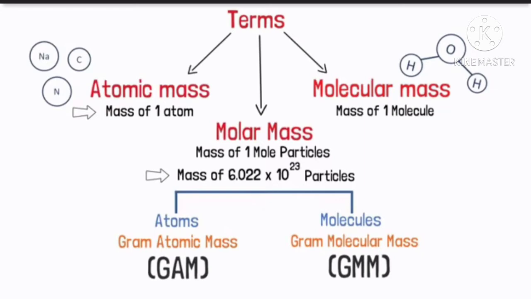So if we calculate the particles' mass related to molar mass, यानी अगर हम particles के बारे में atoms की बात कर रहे हैं, तो हम एक एटम दैट इज 6.022 इंटू 10 टू द पावर 23 एटम्स की बात करेंगे तो इट विल बी एब्रीवेटेड एज GAM. और अगर हम मॉलिक्यूल्स की बात कर रहे हैं दैट इज़ 1 मॉलिक्यूल ऑफ 6.022 इंटू 10 टू द पावर 23, तो इट विल बी एब्रीवेटेड एज GMM. मोलर मास एटम्स का भी हो सकता है और मॉलिक्यूल्स का भी हो सकता है, यानी उसमें कैलकुलेशन होगा 6.022 into 10 to the power 23 particles का, that is also Avogadro number.